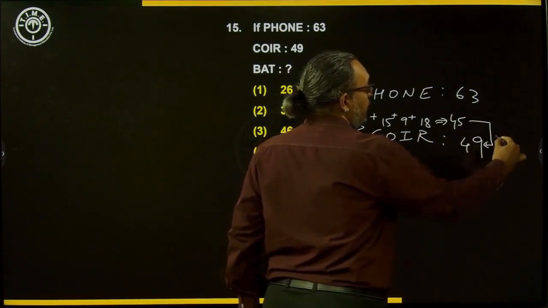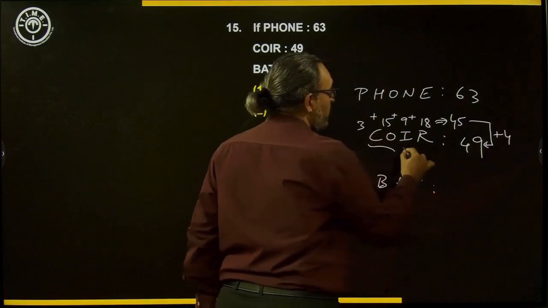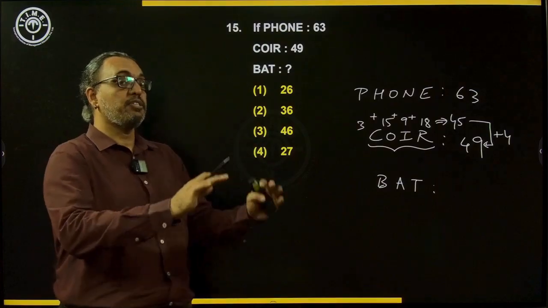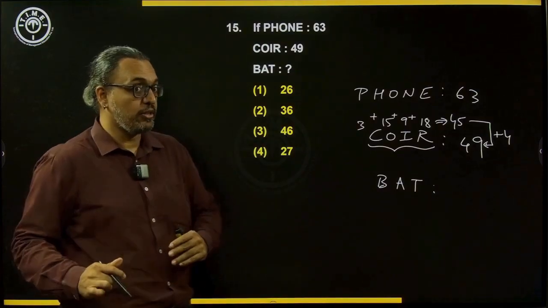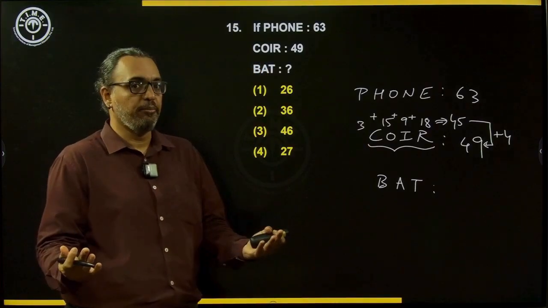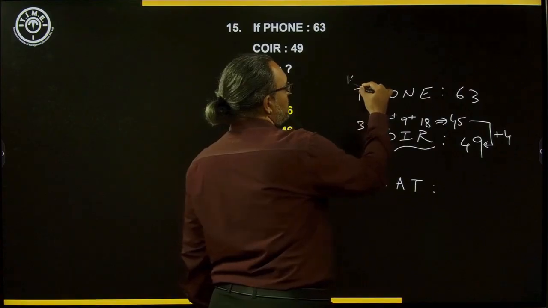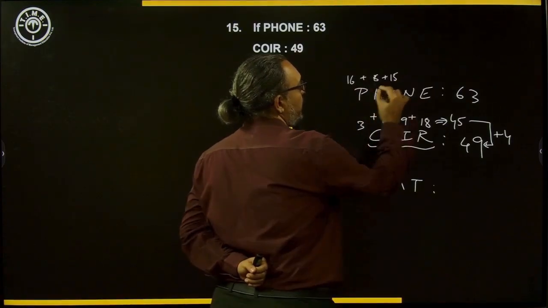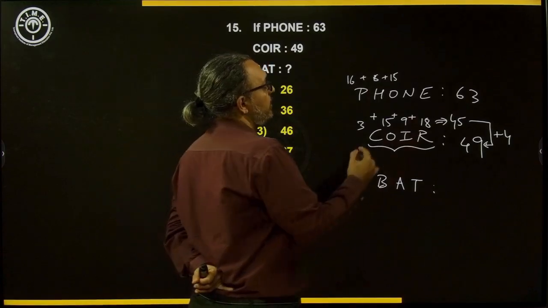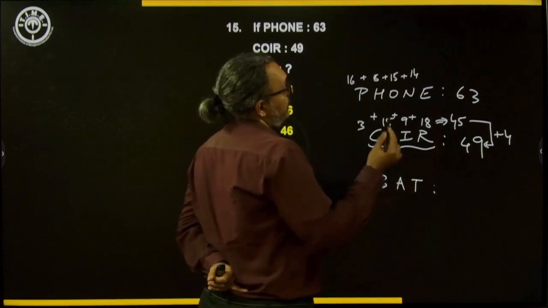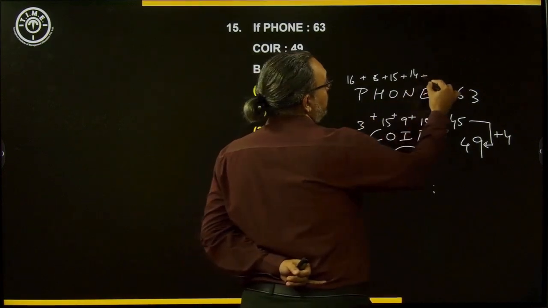But you are adding plus 4. And why plus 4? You can easily see that it is the number of letters you have. So sum of the place values plus number of letters could be the logic. So let's see for phone, because you have two examples, we need to verify it and confirm it. Correct? So you have 16 plus 8, 24 plus 15 is 39, plus 14 is 53, plus 5.